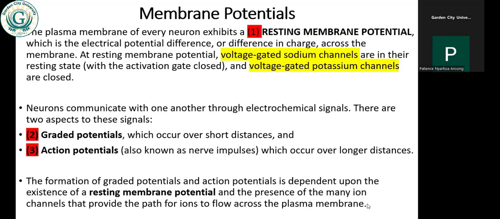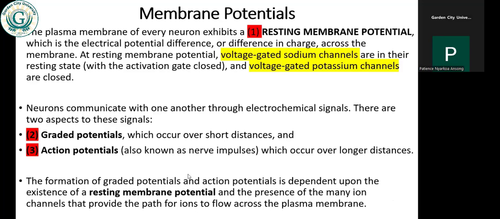So the formation of graded potentials and action potentials depends on the existence of the resting membrane potential and the presence of many ion channels that provide the path for ions to flow across the cell membrane.